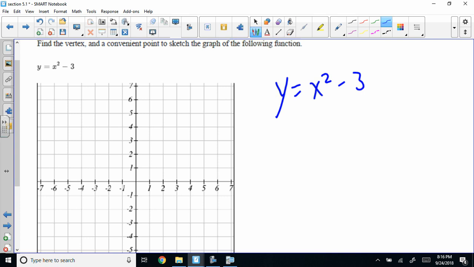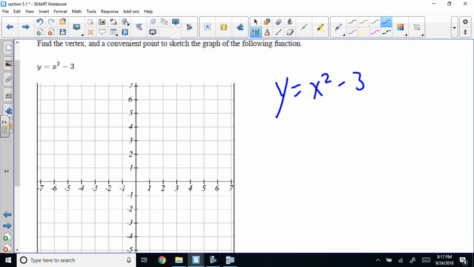There's not but 2 forms to choose from, right? Yeah, that's quadratic. But which form of a quadratic?